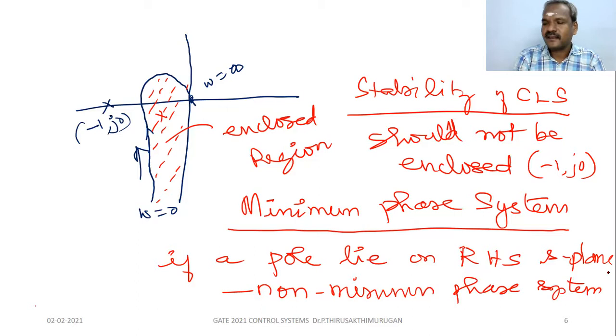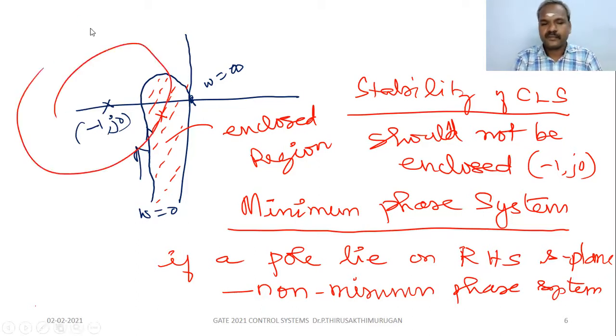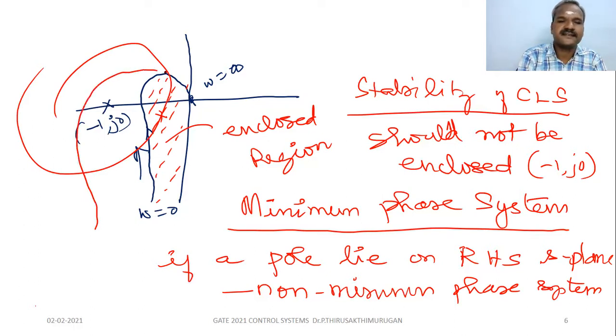So in this figure, -1, j0 is not enclosed by the polar plot. Therefore, the corresponding closed loop system is stable. Suppose the polar plot encloses the point -1, j0, then the closed loop system may not be stable.